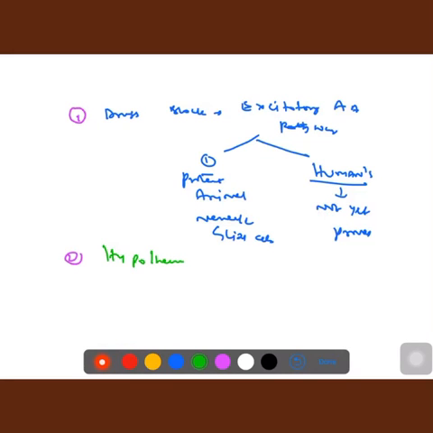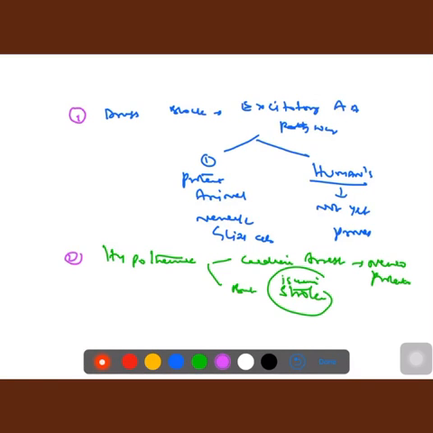Then coming to hypothermia. Hypothermia is useful in cardiac arrest, and in acute ischemic stroke in animals it proved its neuroprotective role, but in humans it is not adequately studied.